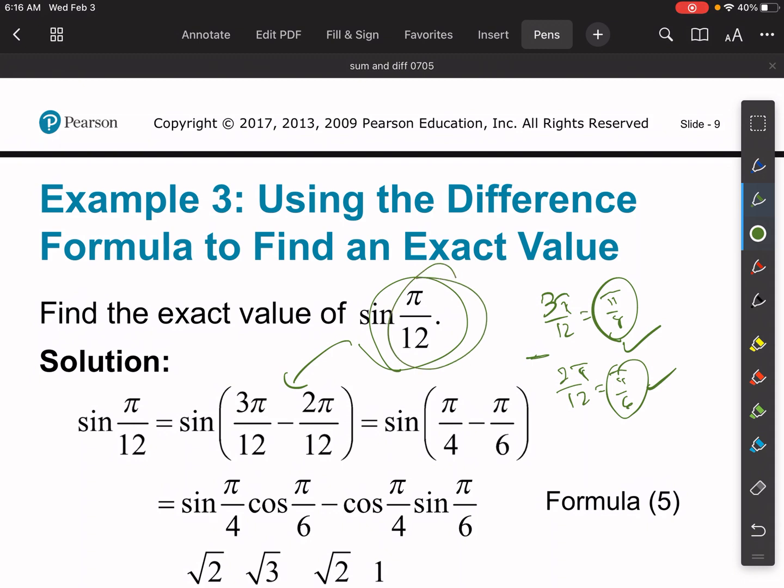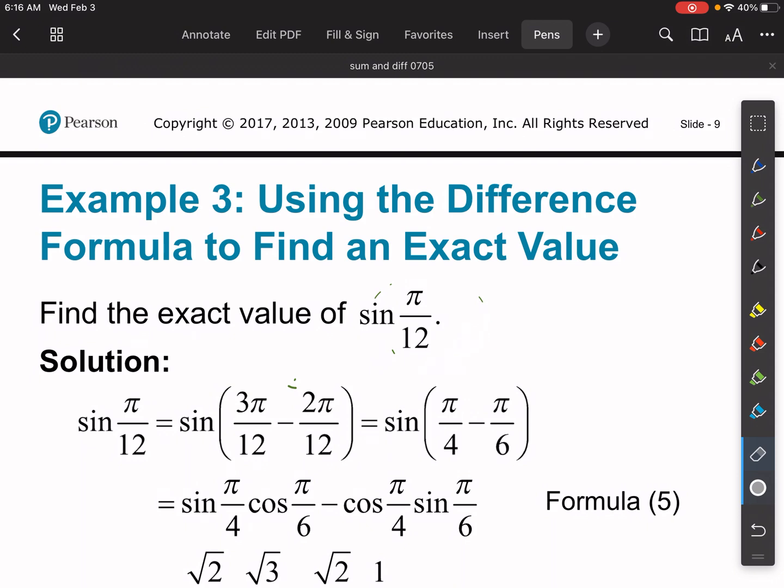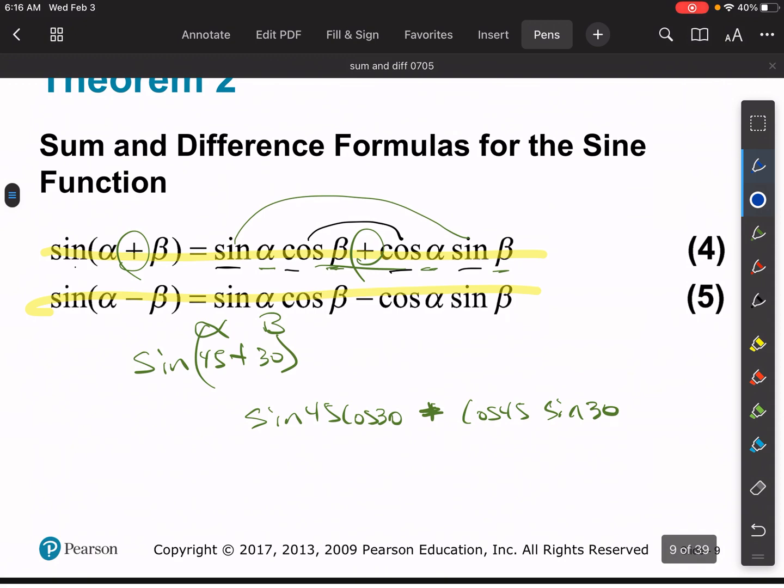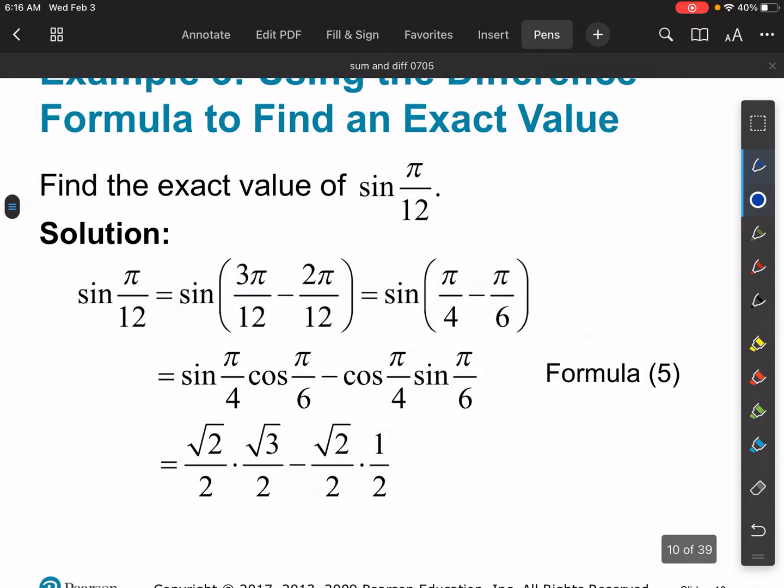So here's what we're going to do. We are going to jump right into our difference formula for sine. Remember that for sine, the sign stays the same. Again, it's sine, cosine, cosine, sine.